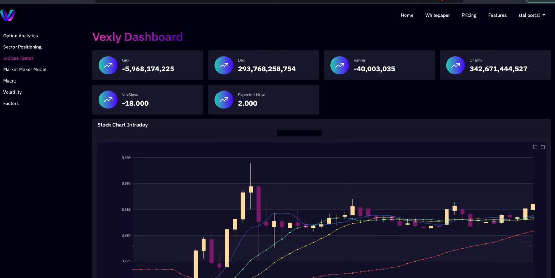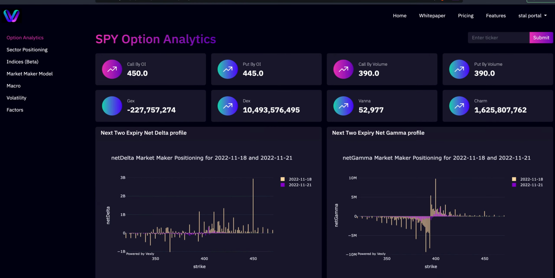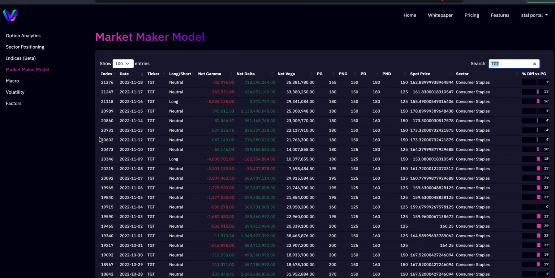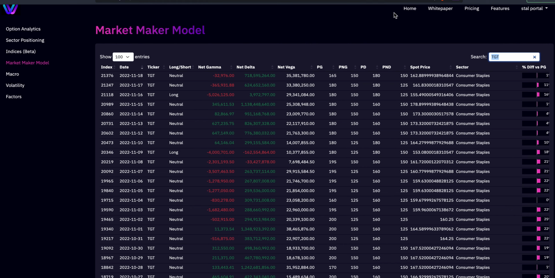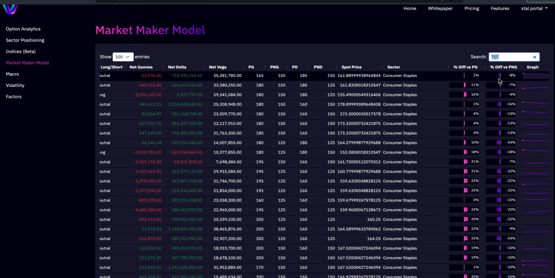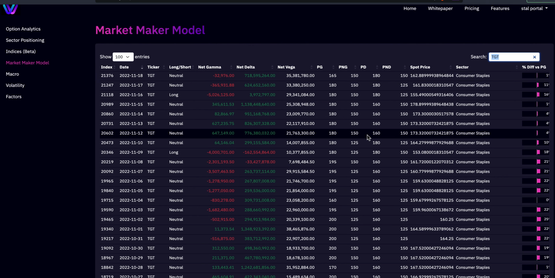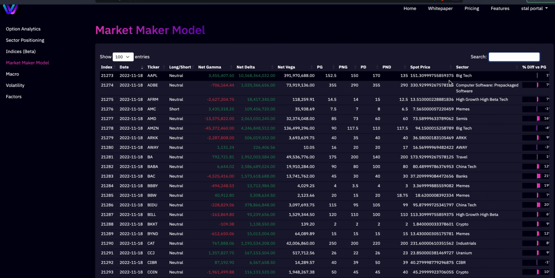All right. Then the other page I wanted to look at was the model. There's a couple of things, like combining it all together and using this in conjunction with what we have in the Discord.